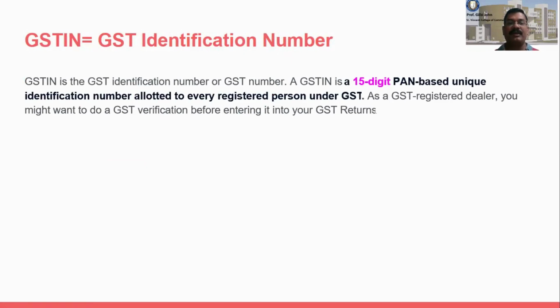GST identification number is a GST number which has 15 digits, including the PAN number of the person who's applying to get the GST number. A PAN-based unique identification number allotted to every registered person under GST.